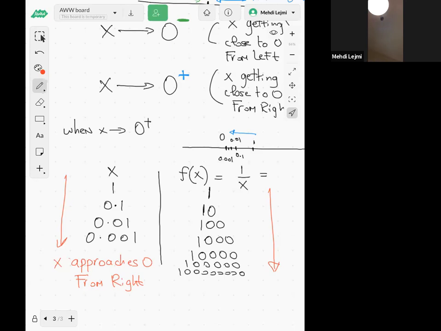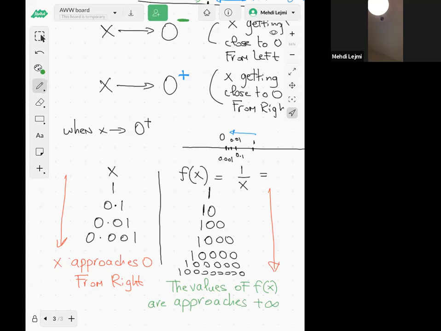So what we are saying here, guys, is that as x approaches 0 from the right, the values of f of x are positive, so they are approaching positive infinity, because these values are getting larger and larger.